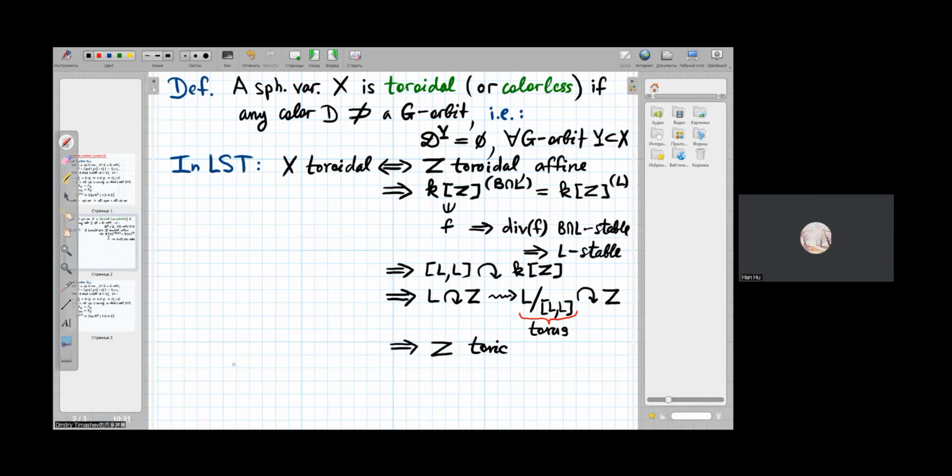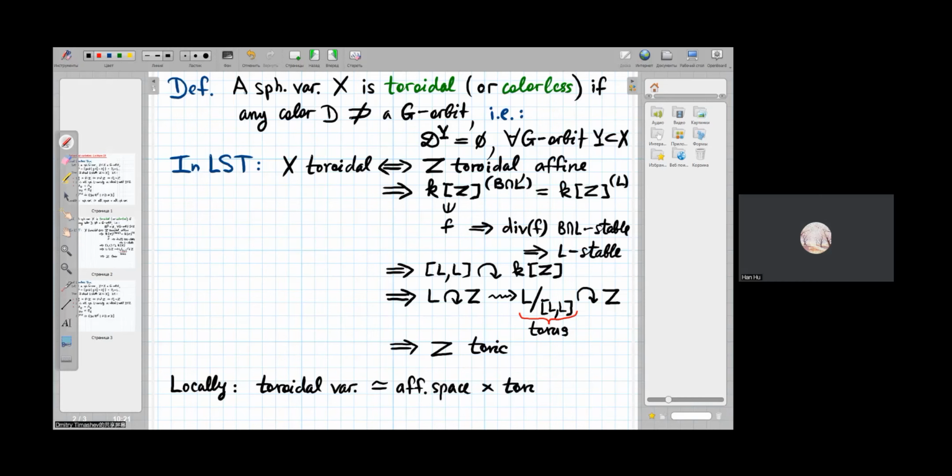We conclude that locally a toroidal variety is isomorphic to the product of an affine space and a toric variety.